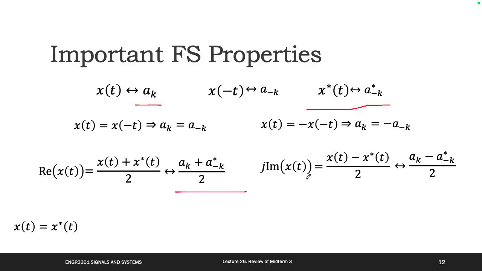Which means you don't have this part. What does it mean? Yeah, it's real. When you see this one, it must be a real signal, and then you will have this one.